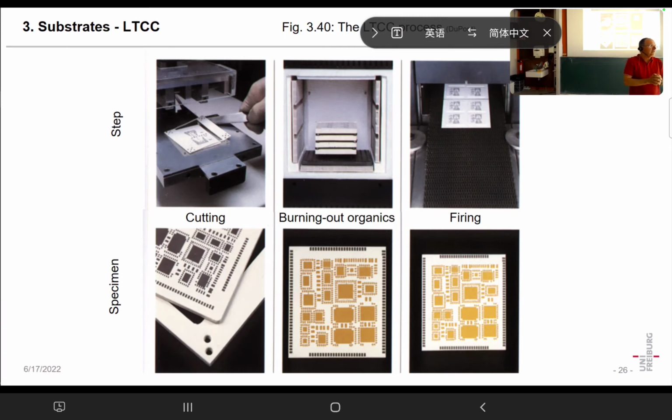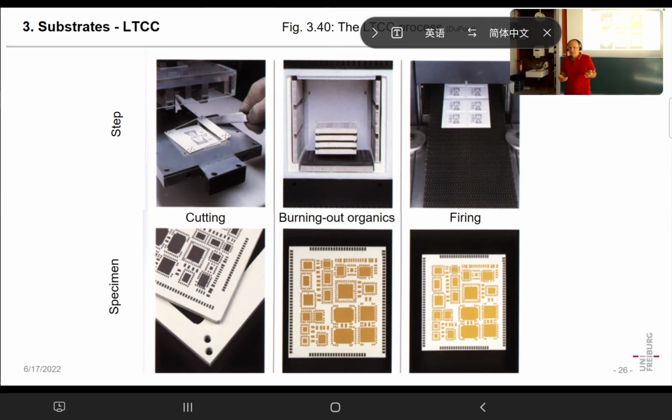So that works fine. But if we have a device which has a clearly fixed pattern, like a surface mounted device, or if we would have, let's say, a flip chip device, where also the grid of the balls is well defined, we must have the same grid spacing on the ceramic.